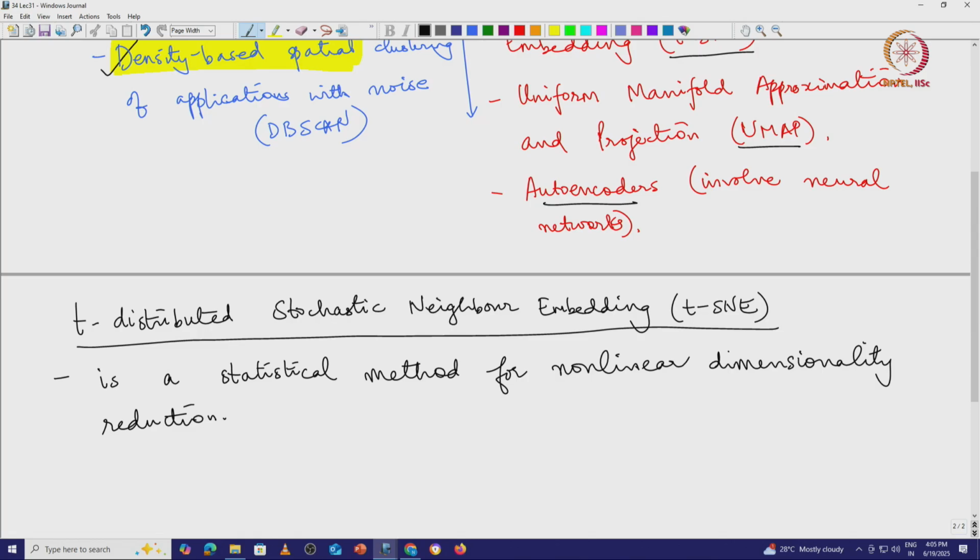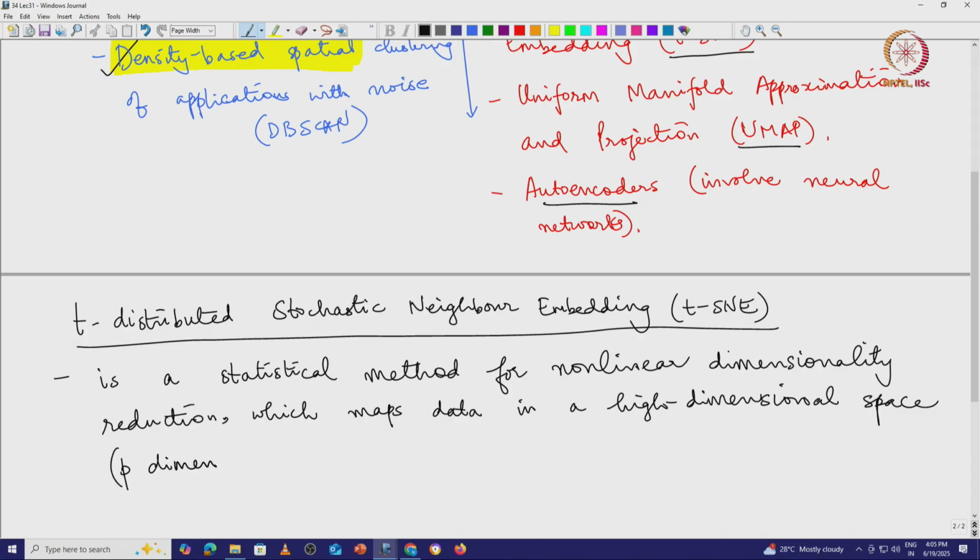So this is a technique for nonlinear dimensionality reduction, which maps data in a high dimensional space, let us say with p dimensions, to a low dimensional space, let us say with d dimensions.